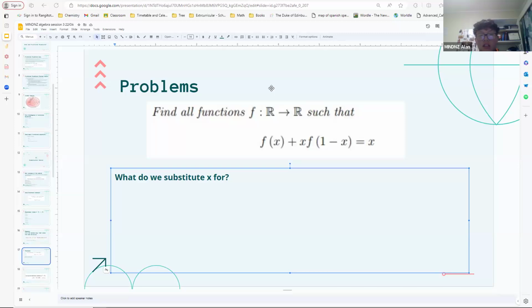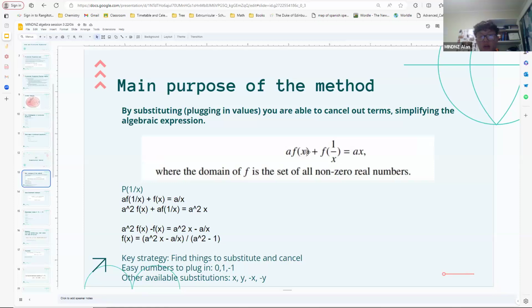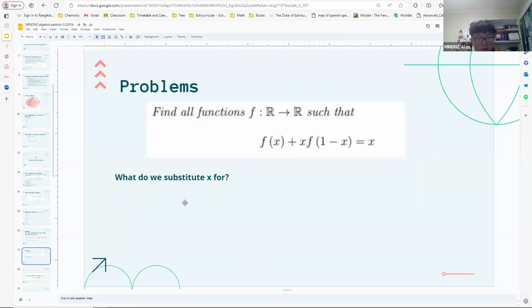Okay, so Eliza just asked, how can we make a substitution to make both equal to x? So making x and 1 minus x equal will be quite hard, and it will only work for certain values of x. So that's probably not the right substitution to do. Instead, we should make the same substitution as this problem, right? Something that lets us cancel one of the terms using simultaneous equations. So what should we substitute x for?